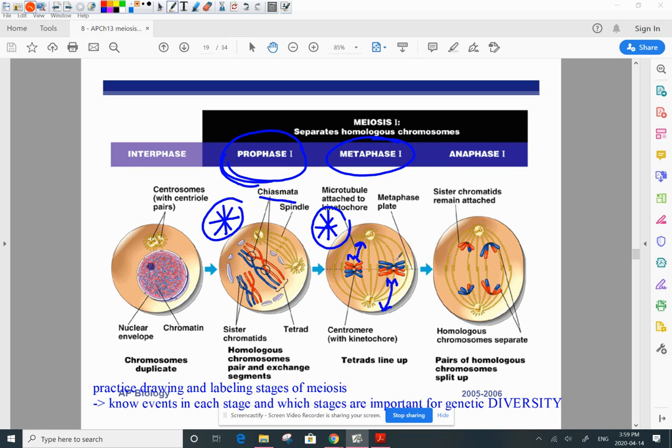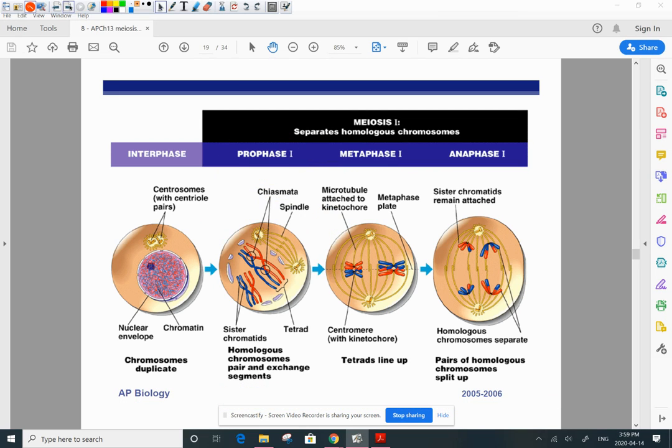So maybe if it flipped around, we'd have more similar to mom, or if both were dad's chromosomes pointing to the same pole. So it's just random the way that the tetrads line up during metaphase 1. Okay, so both those events are important in increasing diversity.